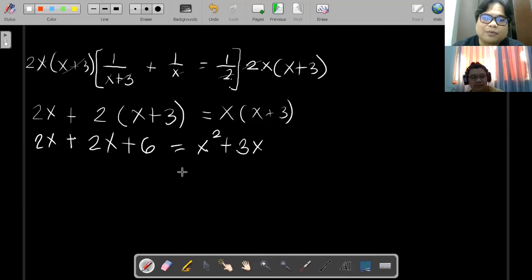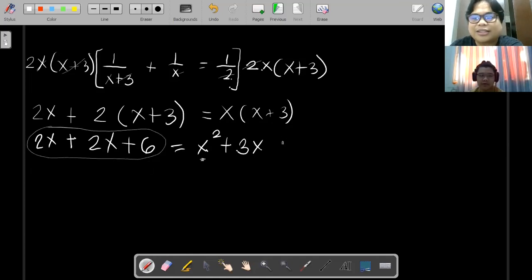So this time now, what's left to do is transforming this into the standard form of the quadratic equation. Now, our x squared here, our highest ordered term, is already positive. So therefore, we will transpose this entire thing to the other side, to the right side.